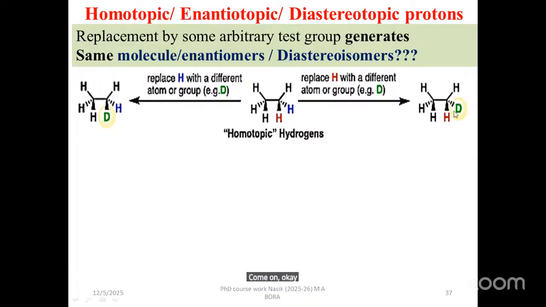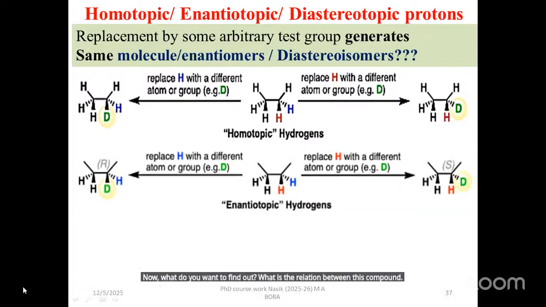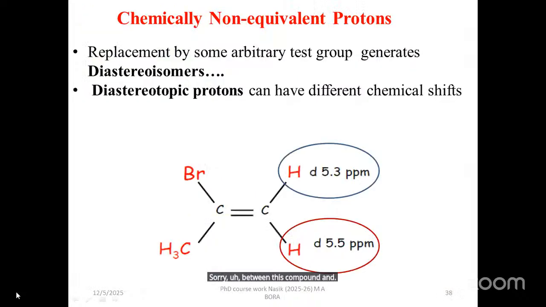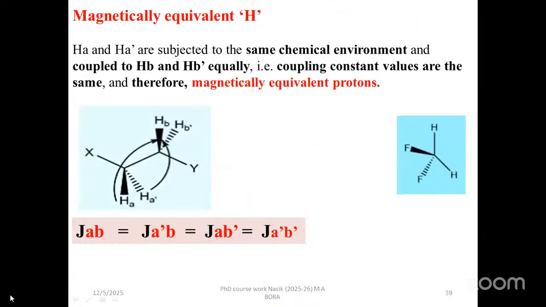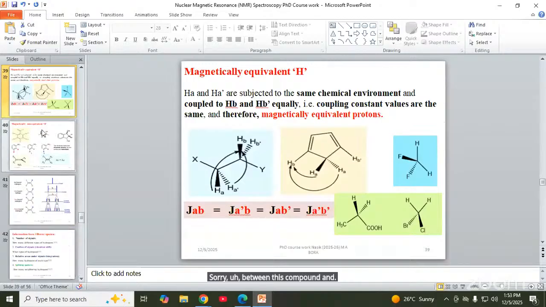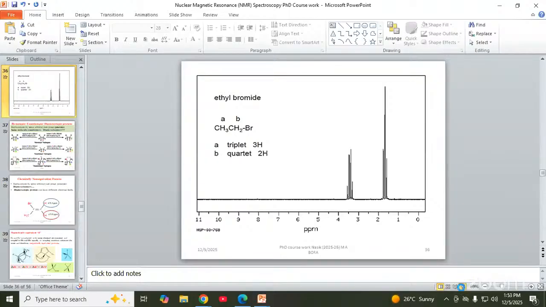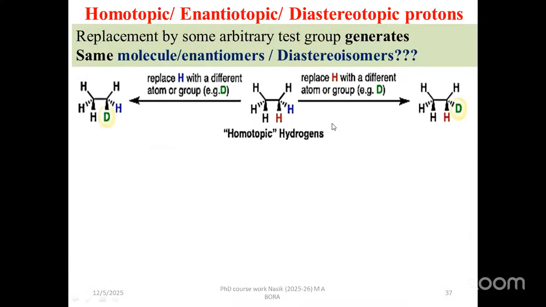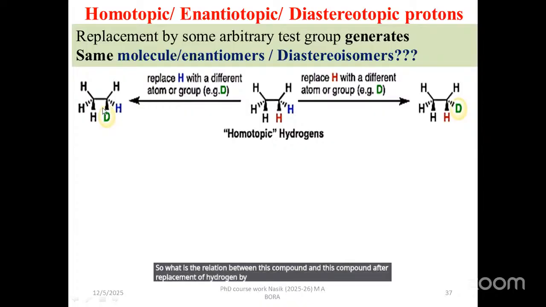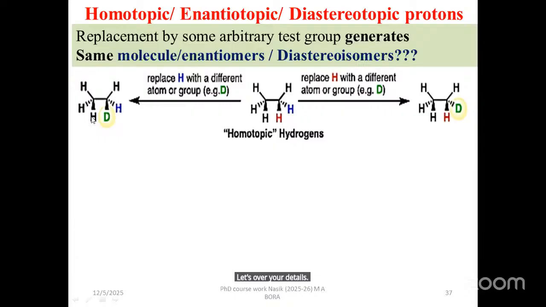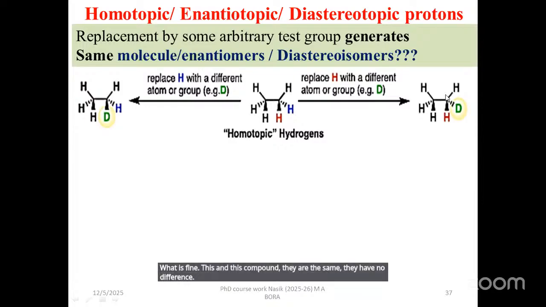Now what you have to find out is the relation between this compound and this compound after replacement of hydrogen by some arbitrary group, let's say over here D. What we'll find is this and this compound are the same, they have no difference between them.